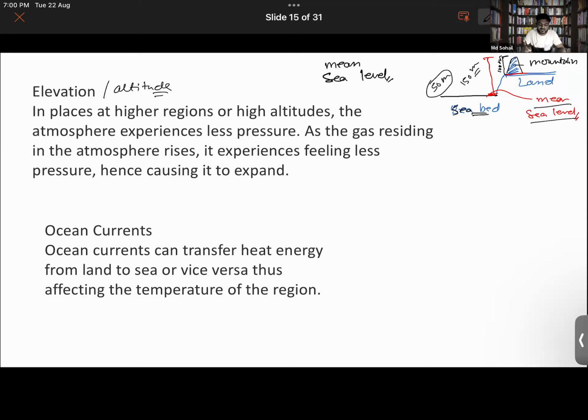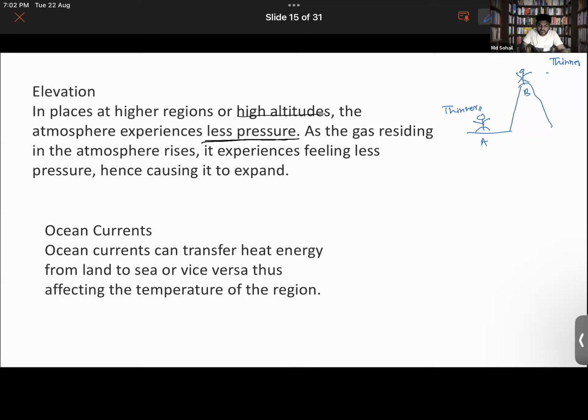Look here, guys. If a person is standing on a mountain top and another person is standing on the normal land surface, as you move higher in the atmosphere, the air thins. The air surrounding person A will be thicker, while the air surrounding person B will be thinner.